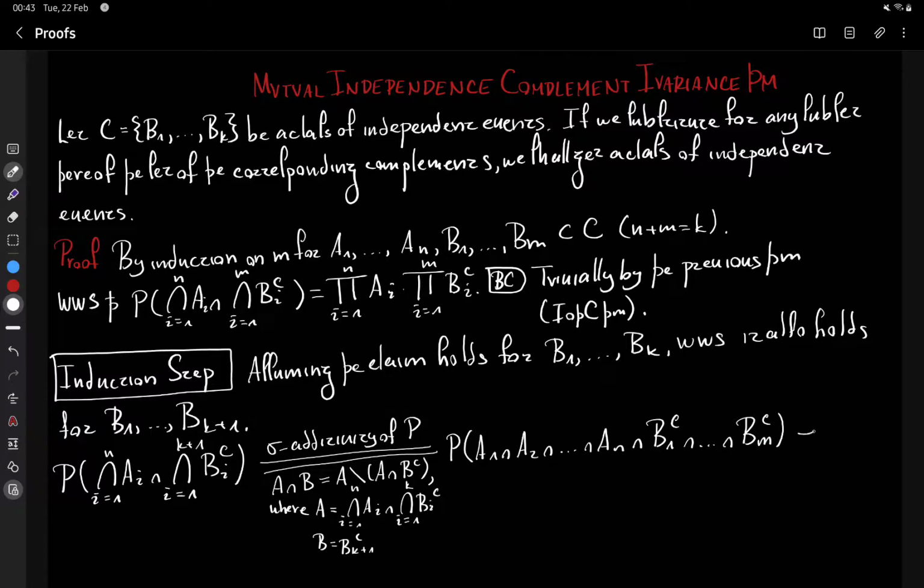This is A minus, here we're using the sigma additivity, P of A, which is the same as above, but intersected with B(k+1). Oh, here it's supposed to be k, not m, sorry. Intersected with B(k+1) complement, so simply B(k+1).